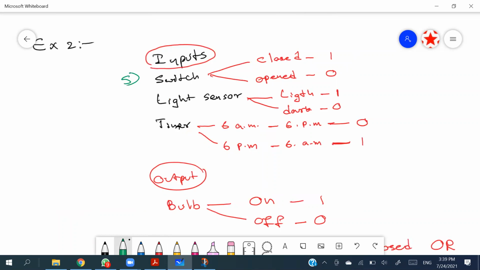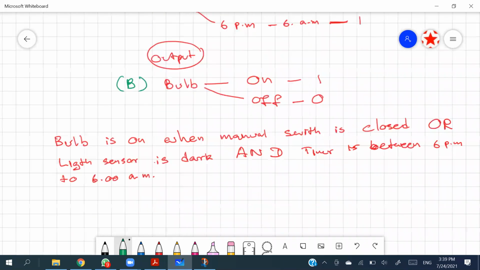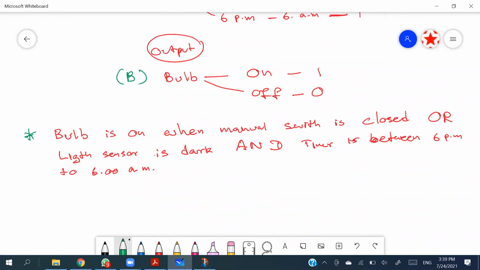So if I take switch as S, light sensor as L, timer as T, and bulb as B, how can I compress this?